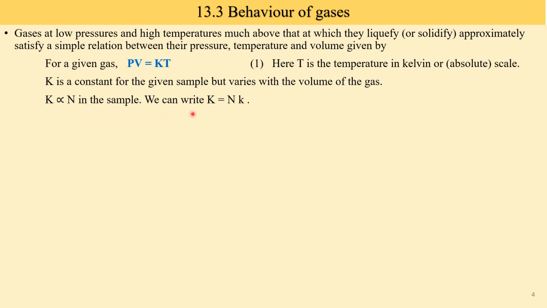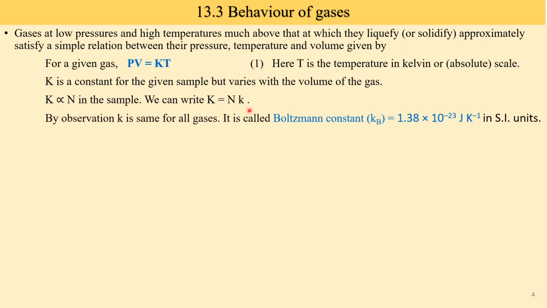We can write K = N k, where this k is the same for all gases, and is represented by the symbol k subscript B. It is called the Boltzmann constant. Its value is found to be 1.38 × 10^-23 joules per Kelvin in SI units.